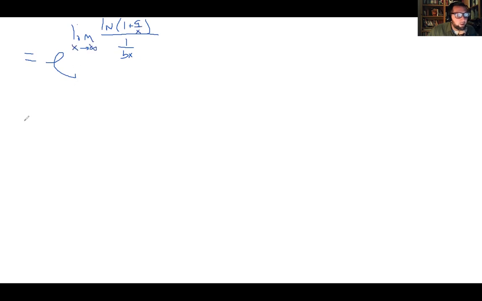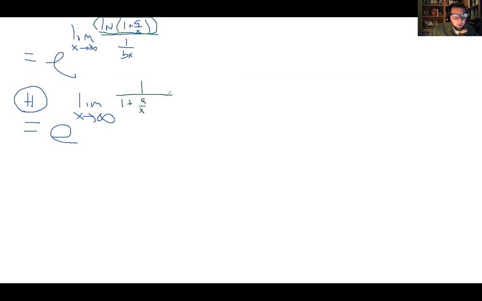Shouldn't have erased it. So now we're going to use L'Hopital's rule, right? This is where we get all happy. So we have e to the limit as x goes to infinity. Ugly fractions coming. The derivative of the numerator here will be 1 over 1 plus a over x, times negative a over x squared.